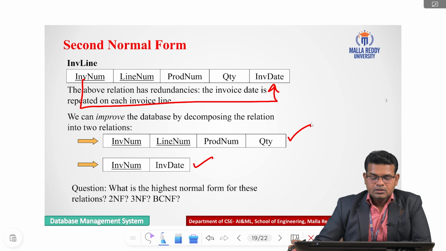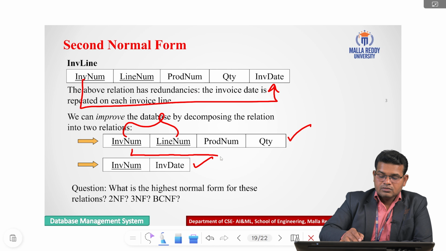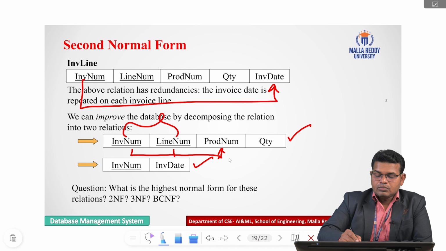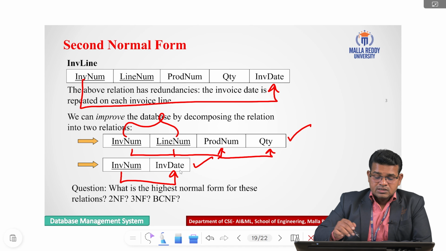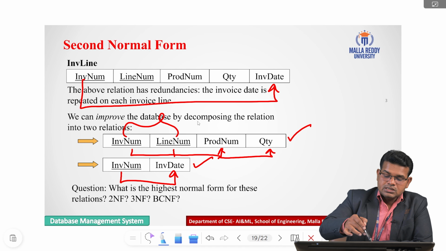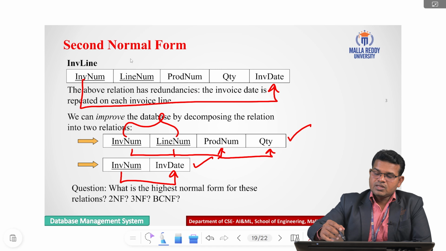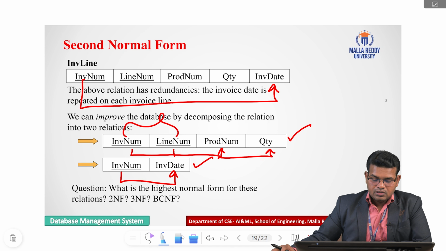Now the candidate key, inventory number and line number together, determines product number as well as quantity, and inventory number separately determines inventory date. Since we have separated this partial dependency into a different table, there is no problem with partial dependency. Hence, the partial dependency is removed from the inventory relation, and we have achieved the second normal form.